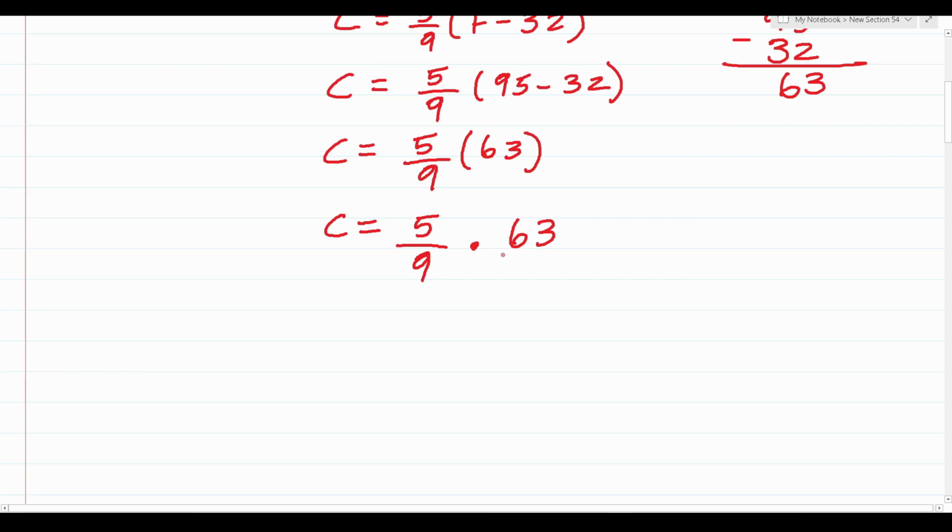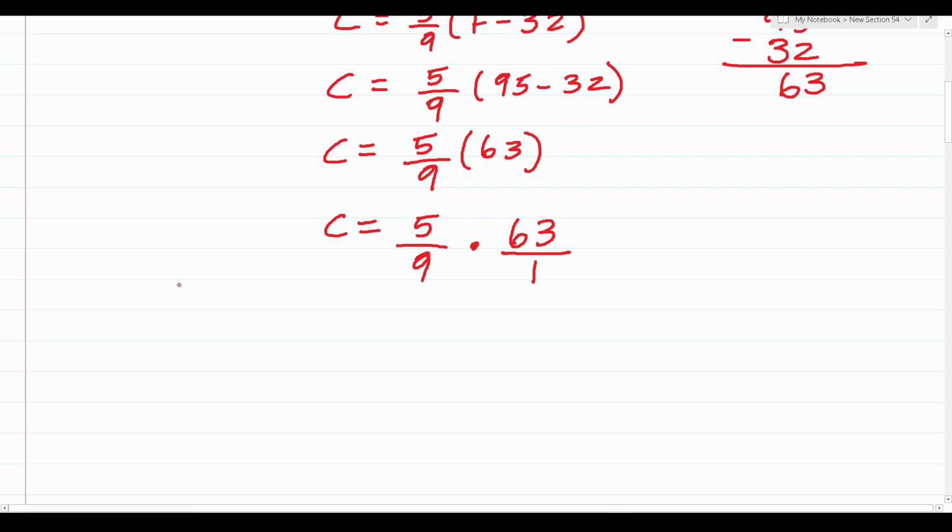That said, you can see that we're multiplying a fraction, notably 5 over 9, by a whole number. Well, if you watched my video on fractions, you'd realize that we can quickly write 63 as a fraction by placing it over 1. And when you multiply fractions, you typically just multiply straight across.